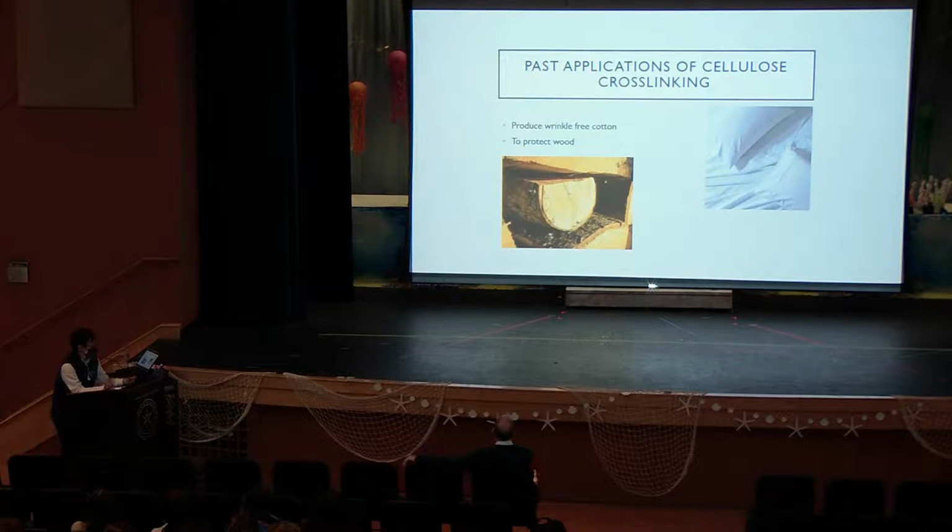So a past application of cellulose cross-linking is mainly to produce wrinkle-free cotton. Cotton wrinkles for the same reason most natural fiber-based fabrics, which also happen to be mainly composed of cellulose, wrinkle when they are exposed to water. Wetting it heavily opens the polymer structure by allowing water to penetrate the matrix of hydrogen-bonded fibers and separate them.